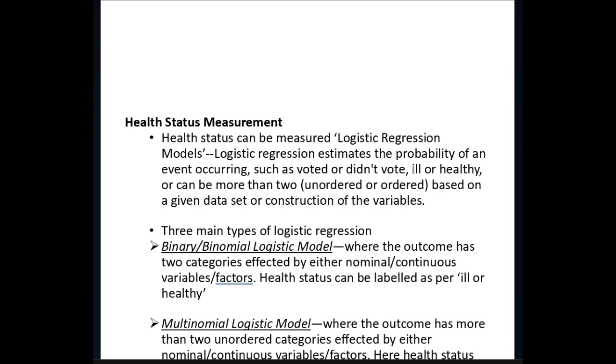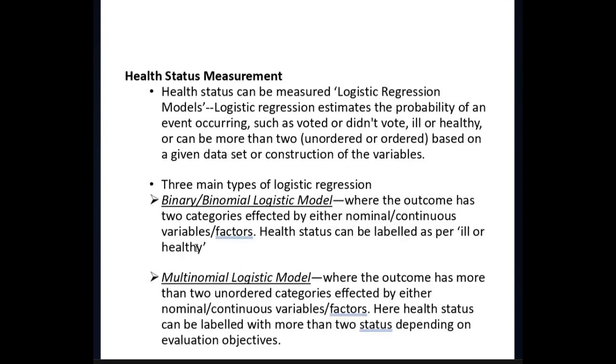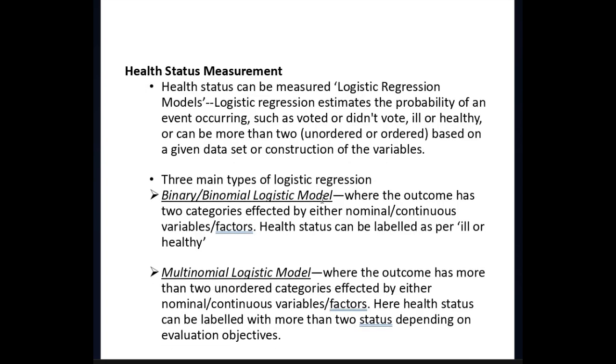So if your health status is binary, like either you are ill or not ill, meaning healthy, then the best model is the binary or binomial logistic model, where the outcome has two categories affected by either nominal or continuous independent variables. So health status can be labeled as ill or healthy. Health status here is the dependent variable.